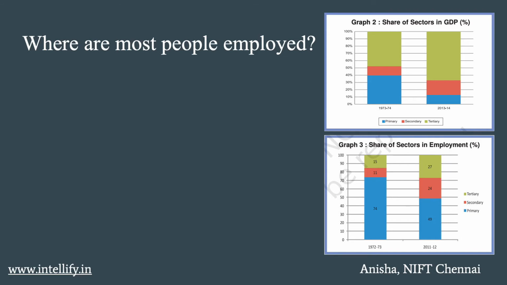Even though the industrial output or the production of goods went up by more than 9 times during the period, employment in the industry went up by around 3 times. The same applies to the tertiary sector, while production in service sector rose by 14 times. Employment in the service sector rose around 5 times.